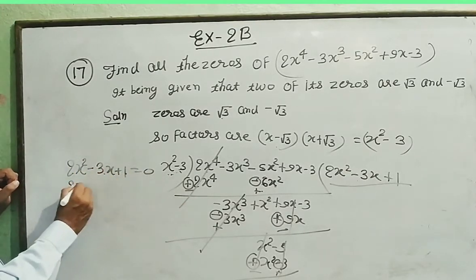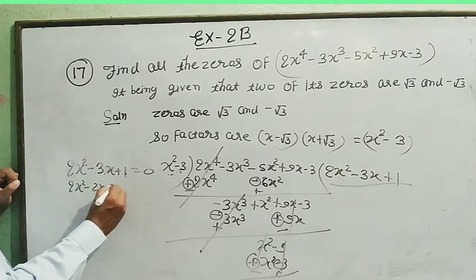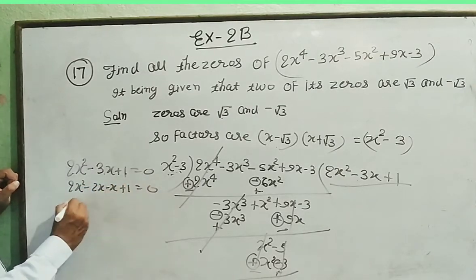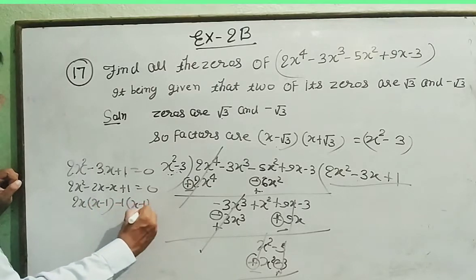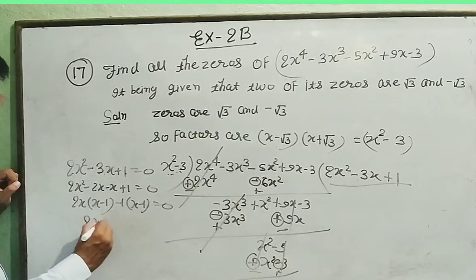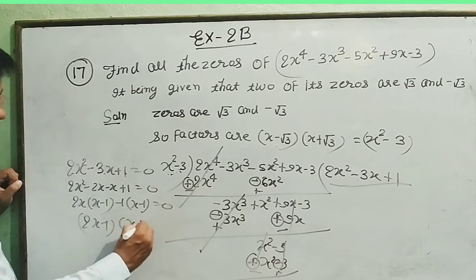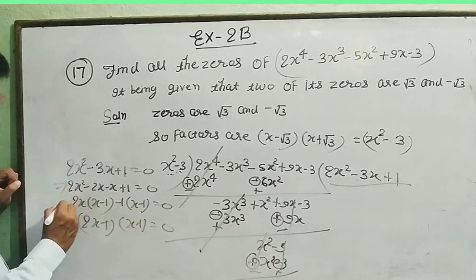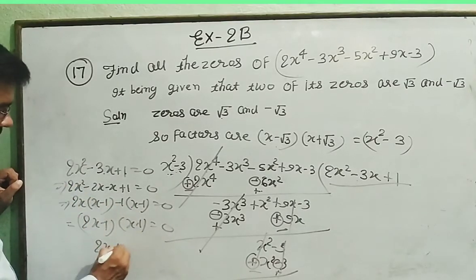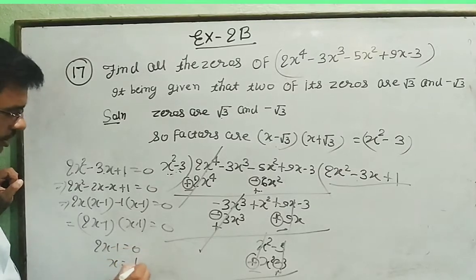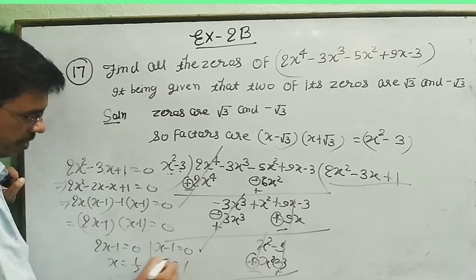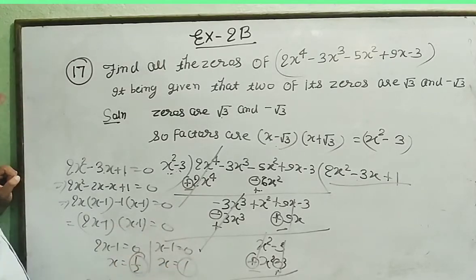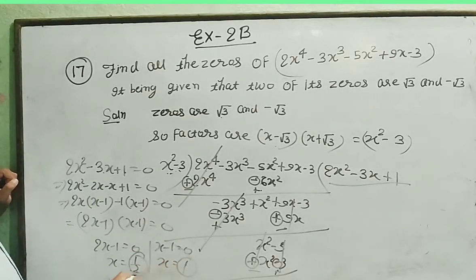You can write 2x square minus 2x minus x plus 1 is 0. 2x common, then x minus 1. Minus 1 common, then x minus 1. That is 2x minus 1 and x minus 1 is equal to 0. So if 2x minus 1 is equal to 0, then x is equal to 1 by 2. If x minus 1 is equal to 0, then x is equal to 1. So the remaining zeros are 1 by 2 and 1.